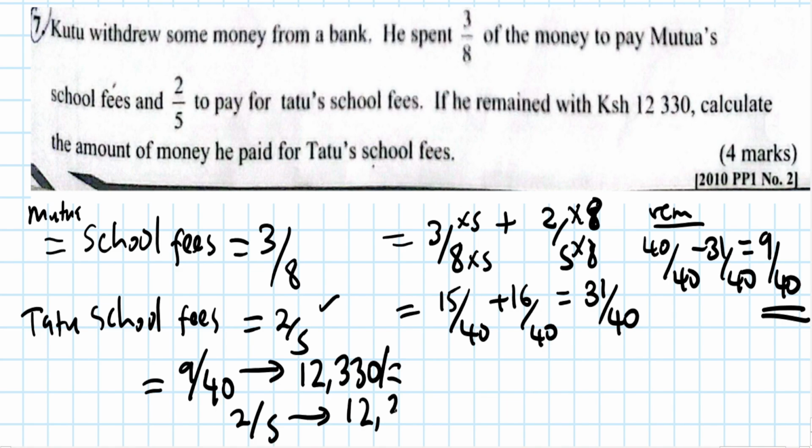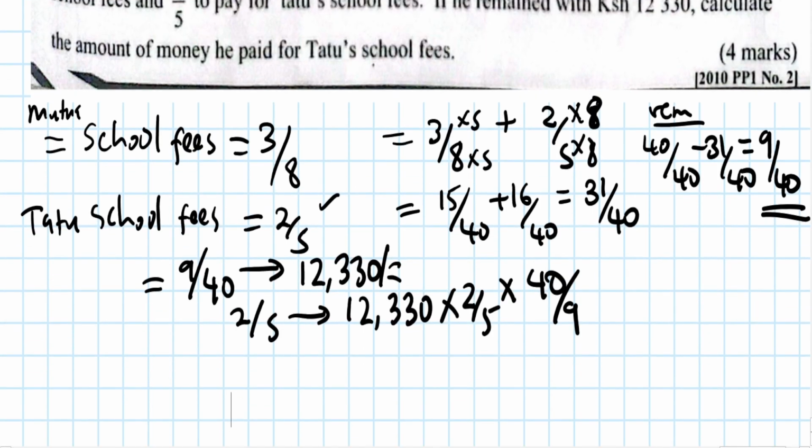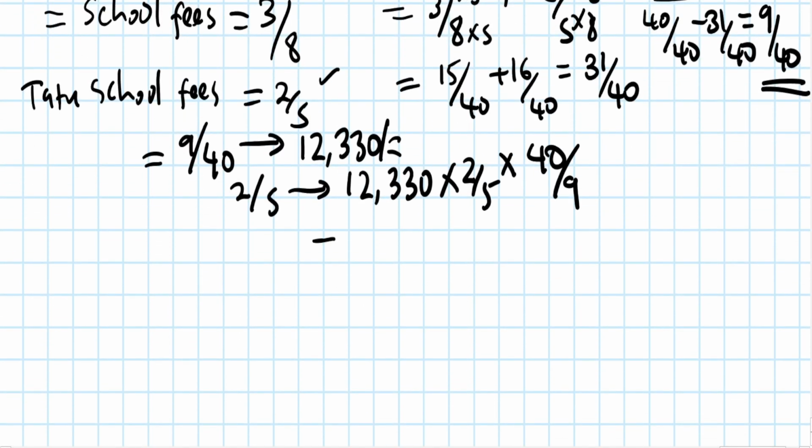So you take 12,330, cross multiplication, times 2 over 5, then divide by 9 over 40, which becomes times 40 over 9. So next step, obviously it is just multiplication. 5 goes into 40 8 times.